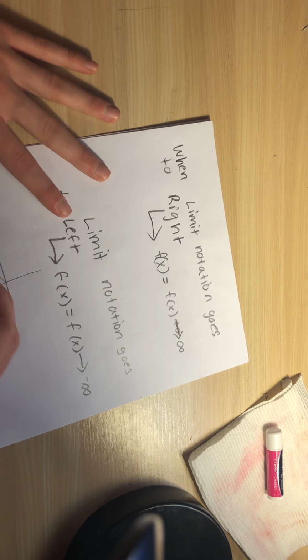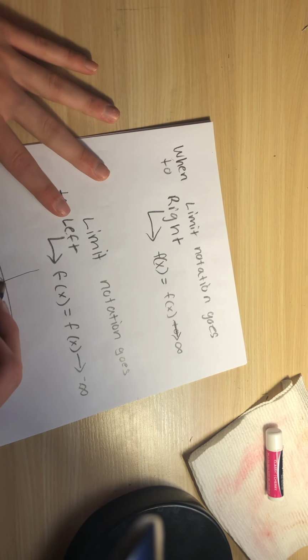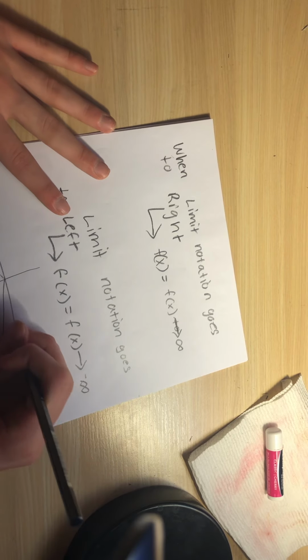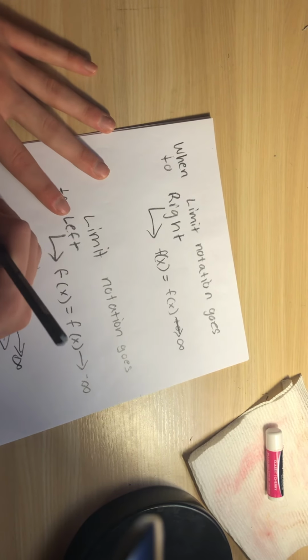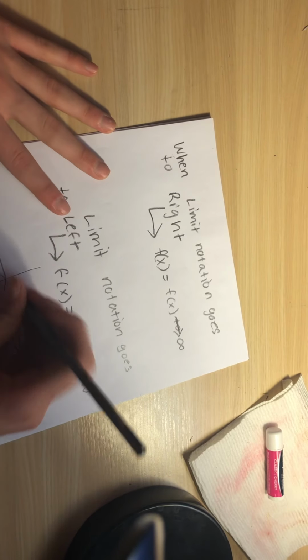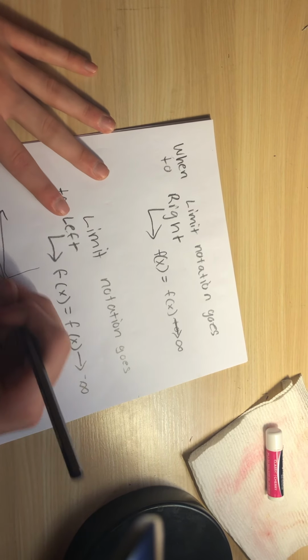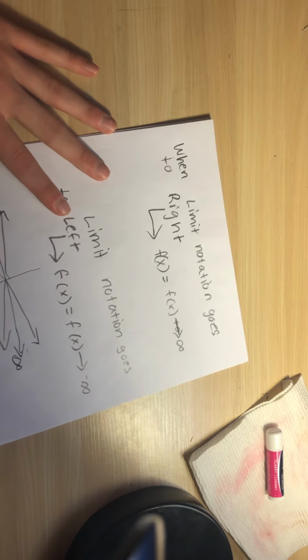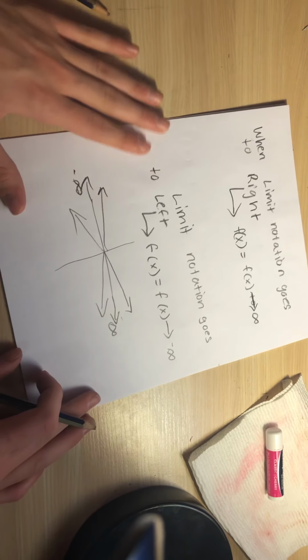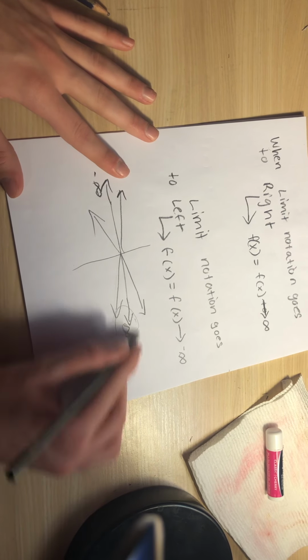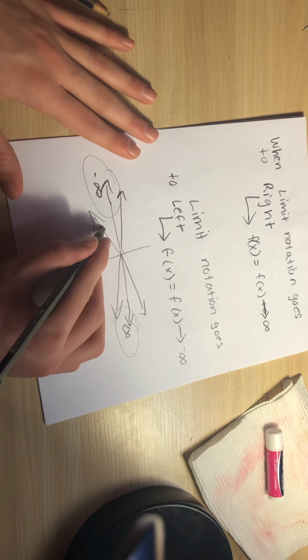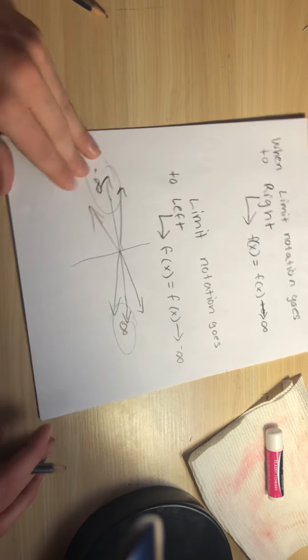It's going to the left, of course it's approaching negative infinity. It's going to the right, of course it's approaching infinity, because this goes on till infinity, and this goes on till negative infinity. You guys understand that? Either or. Kind of understand?